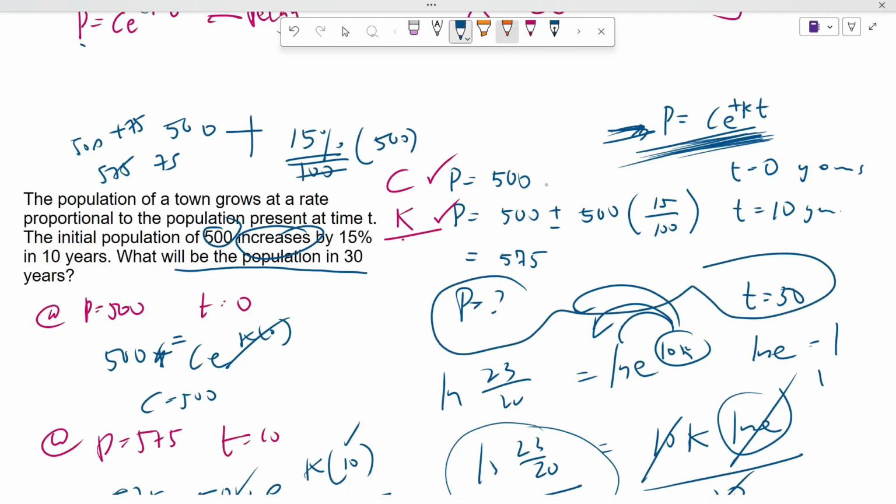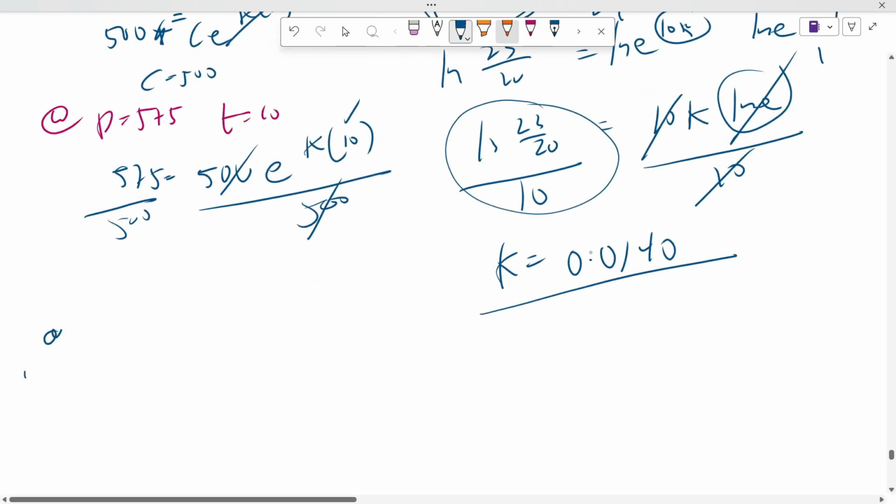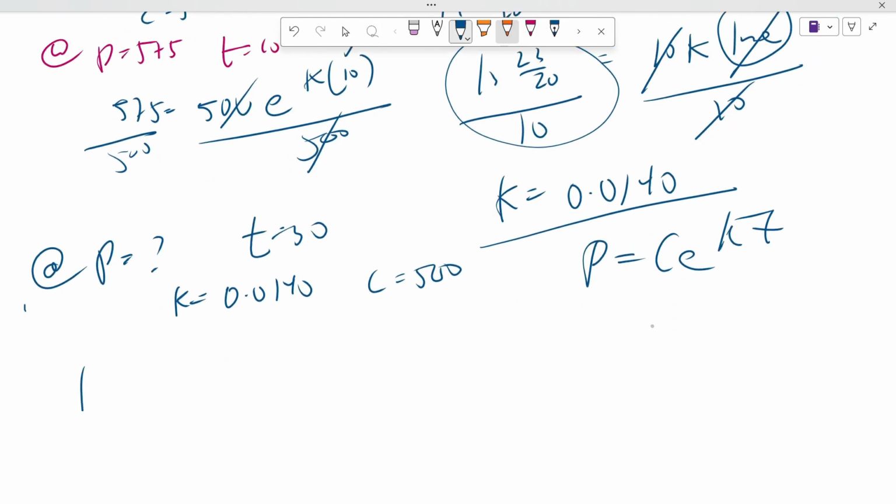So, third condition. The unknown is P with the given time of 30 years. P is unknown, the given is 30 years. But we already have the value of k, 0.0140, and our C is 500. So we substitute into the formula P equals Ce^(kt). P is unknown, C is 500, e raised to k, 0.0140, and our t is 30.